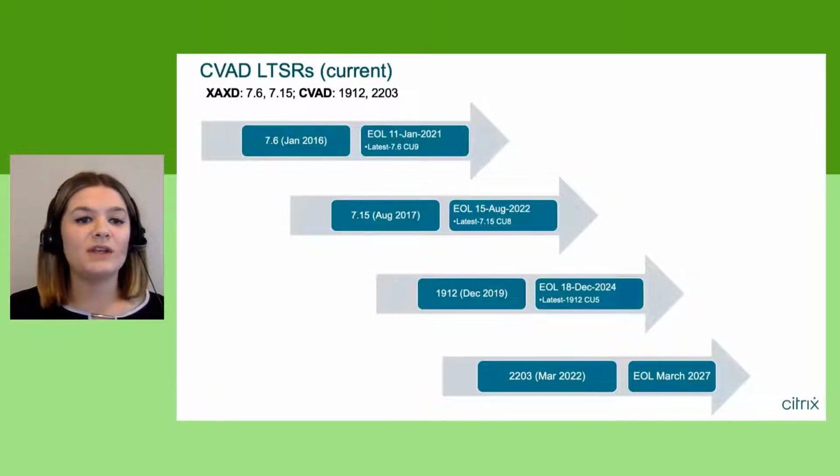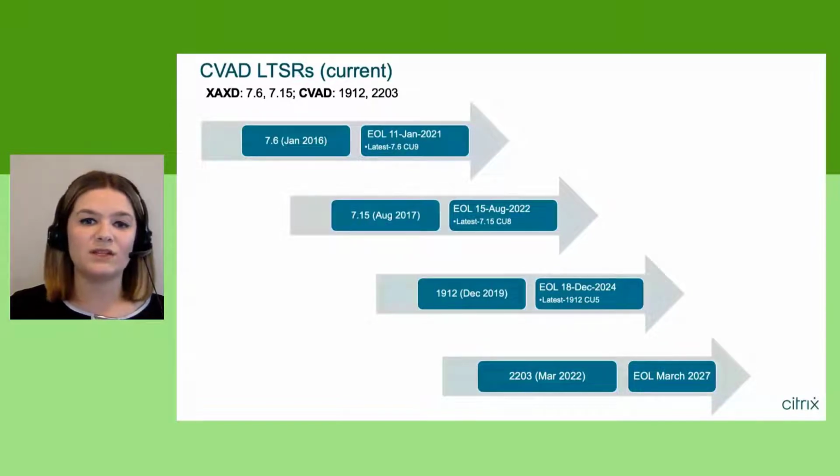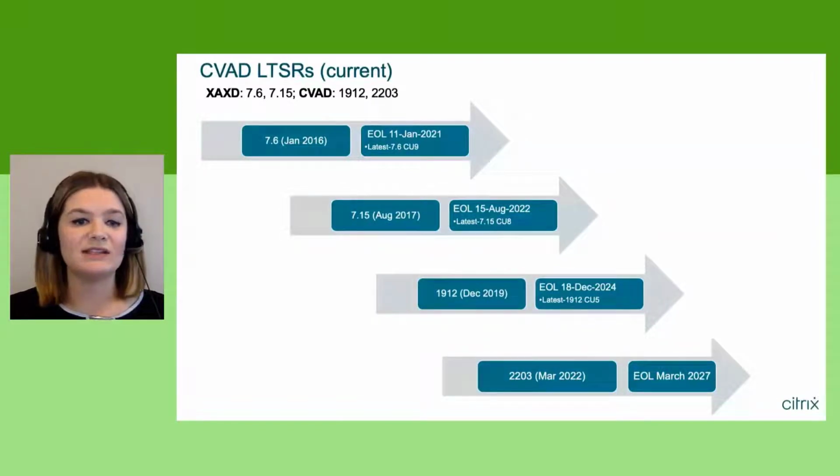But I want to mention here, the 7.15 XenApp and XenDesktop long-term service release is targeted to reach end of life in August of this year. So you could extend that support and maintenance period at an additional cost, but if you're looking at an inflection point within your environments, I say why not make the move to the 2203 long-term service release. It's the latest and greatest, and you get the latest features, updates, and patches.